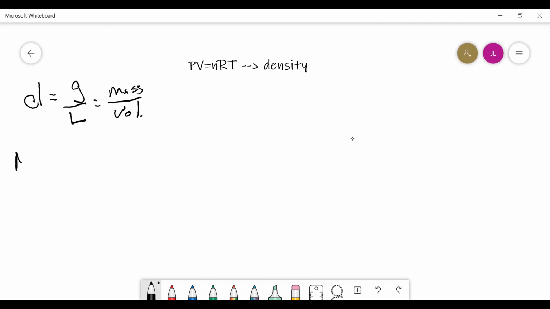And remember, molar mass equals grams over moles, which is mass over moles.